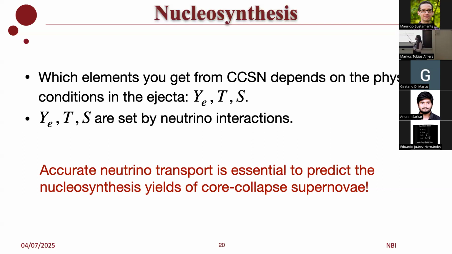We need to know what the temperatures and entropy are, and all these are set by the whole explosion dynamics, which is greatly affected by neutrinos and neutrino transport. So to make any sensible estimates of what nucleosynthesis yields we get from supernovae, we need to be sure that we are accurately modeling neutrino transport in supernova simulations.